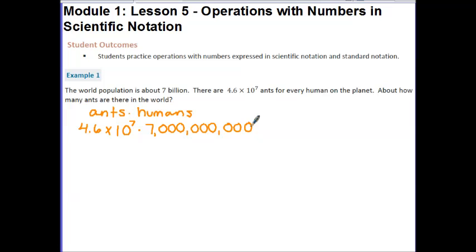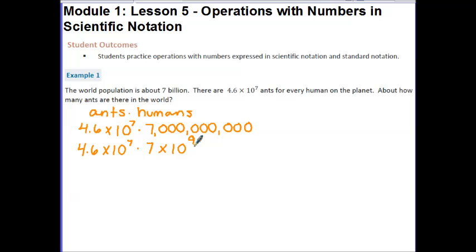So why don't we change our 7 billion to scientific notation? So I know my number is going to be 7 because everything else is zeros. So if I had to move it over, we would have 1, 2, 3, 4, 5, 6, 7, 8, 9. So times 10 to the 9th power.